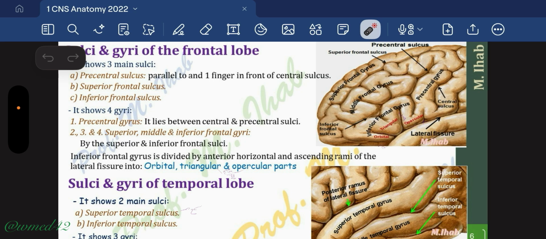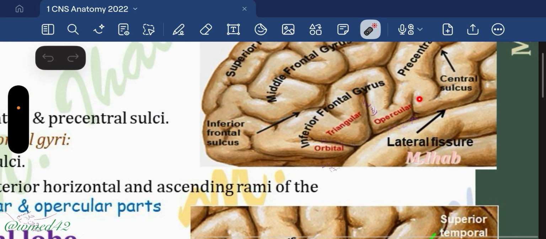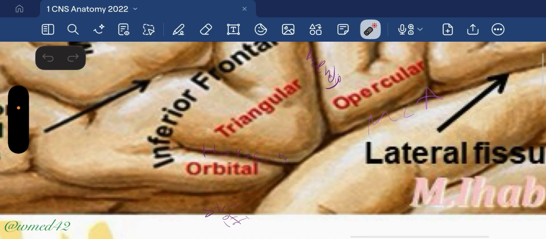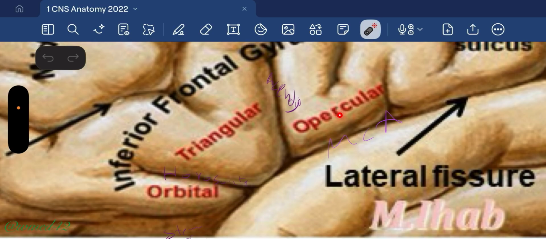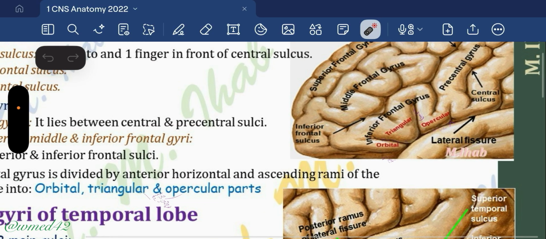The inferior frontal gyrus is divided into orbital, triangular, and opercular gyrus.